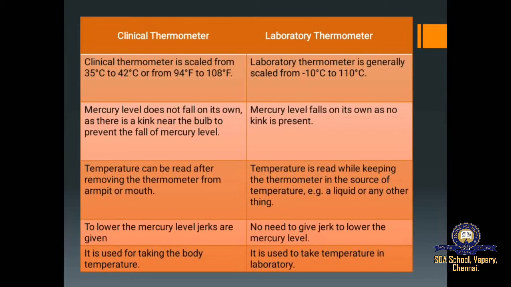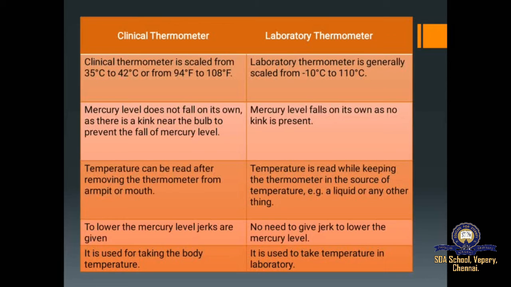In the clinical thermometer, the mercury level does not fall on its own, as there is a kink near the bulb to prevent the fall of mercury level, whereas in the laboratory thermometer a kink is not present. Therefore, the mercury level falls on its own as no kink is present.